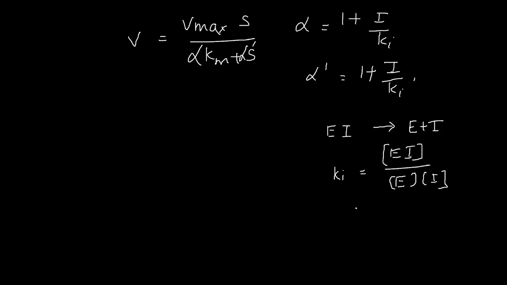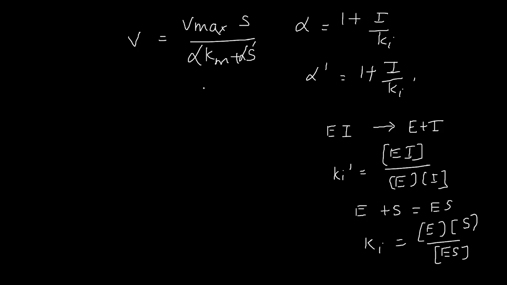If you talk about alpha, E plus S is going to be Es. So Ki is going to be Es divided by Es. Okay. So what happened in the case of competitive inhibitor?